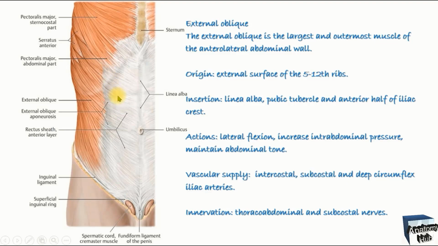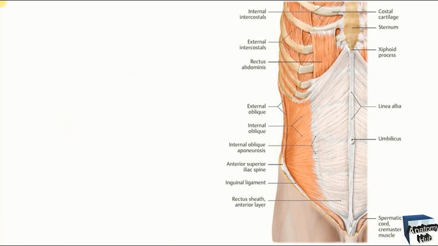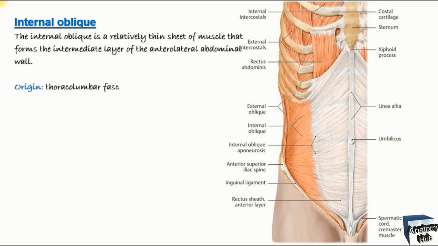thoracoabdominal nerves. So after this, here you will find the muscle fibers going upward obliquely, okay, and so this muscle is the internal oblique muscle. This internal oblique is a relatively thin sheet of muscle that forms the intermediate layer of the anterolateral abdominal wall.